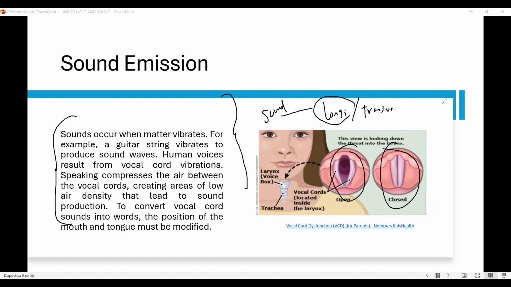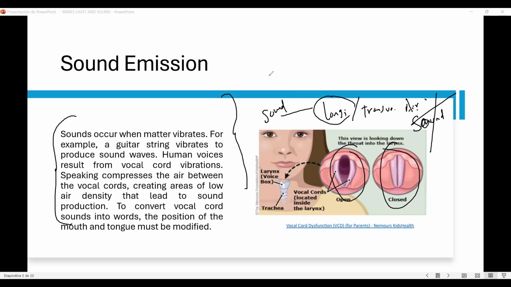Okay, but right, a transverse wave can travel in the air, but sound does not fit in this case, right? It doesn't fit because sound needs a medium to travel. So it doesn't travel as in transverse waves in air, right?